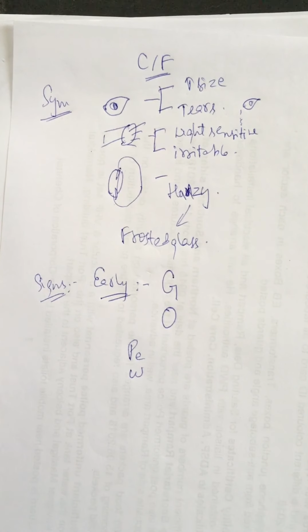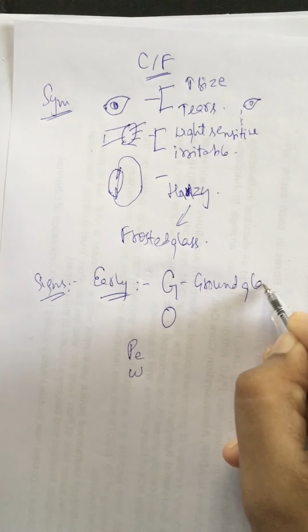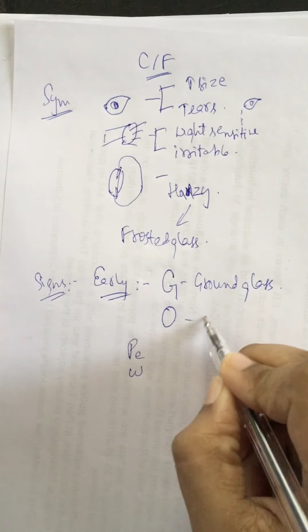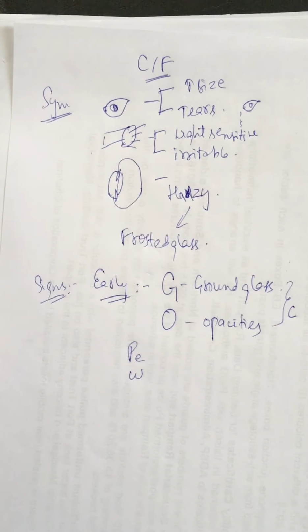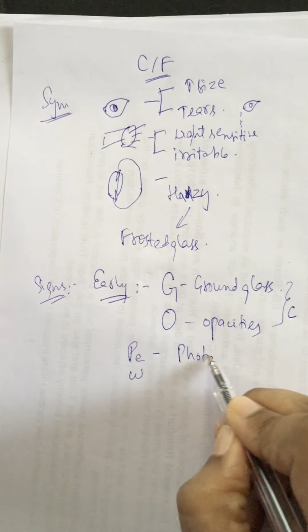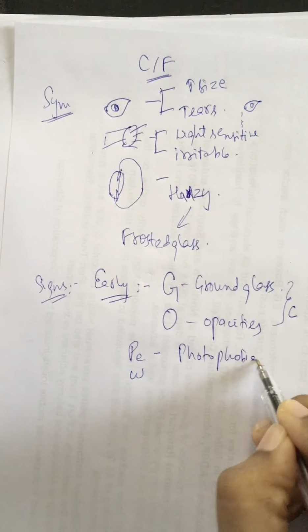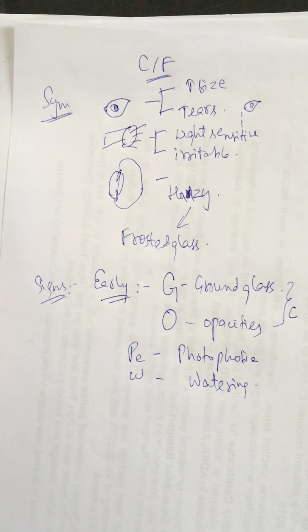I don't know where PEW came from, but that's a mnemonic. G stands for ground glass appearance of the cornea, and O is opacities on the cornea. So these two are for the cornea. P stands for photophobia, and W, most of you might have guessed, is watering. So these are all the early signs. Then come the late signs.